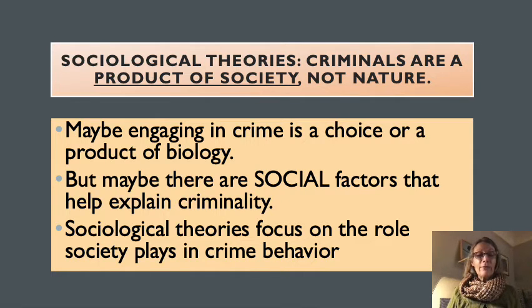I think you're going to find throughout this chapter that no one theory alone does an adequate job of explaining criminal behavior. In fact, when you get to the developmental theory, you're going to see that there's a lot of overlap between developmental theory and trait theory, and in particular sociological theory.